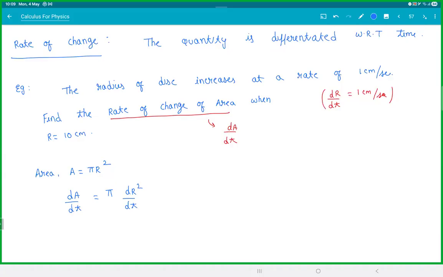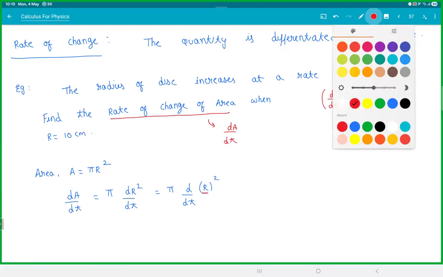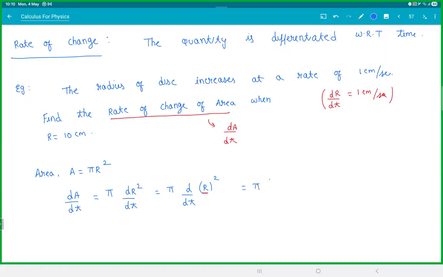Now tell me one thing. Is this a t square? No, right? It is r square. So this is pi into d by dt of r square. This is like some function to the power of 2 because inside it is not t. Then it is pi into 2 times r, then whatever is inside it, differentiate it.